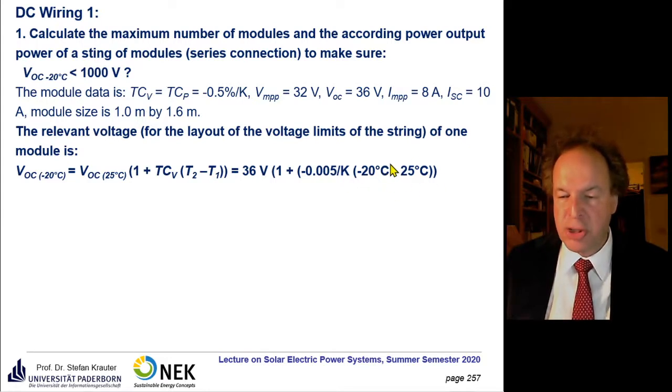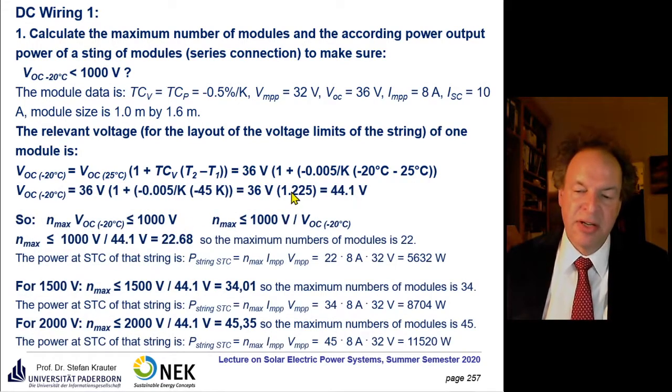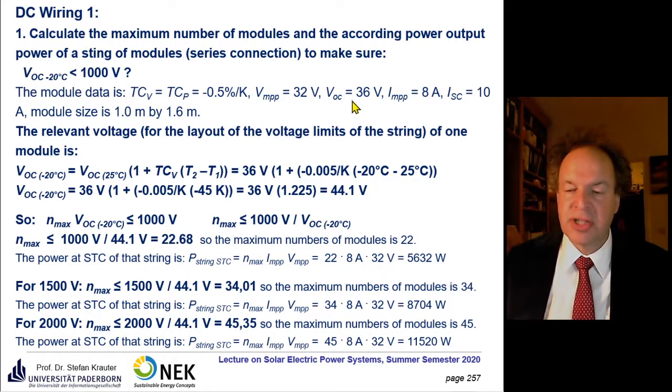If we have temperature differences, we can substitute degrees Celsius with Kelvin, so we have Kelvin divided by Kelvin, then we just have a number, that's good, and so we have here an adjustment factor for the voltage. We put it into a number, so this adjustment is 1.225, and if you multiply this by 36 volts, that's the voltage under standard test conditions, the outcome is 44.1 volts.